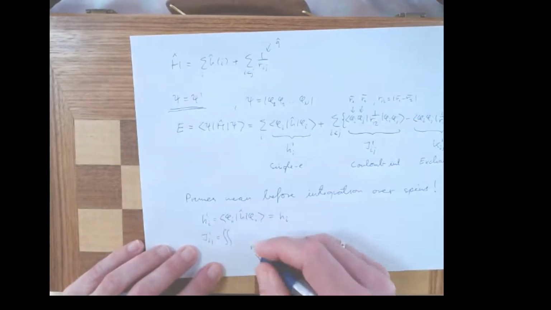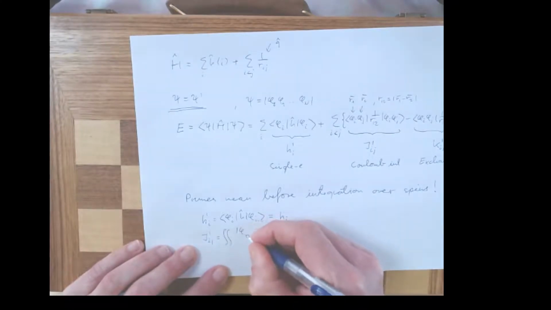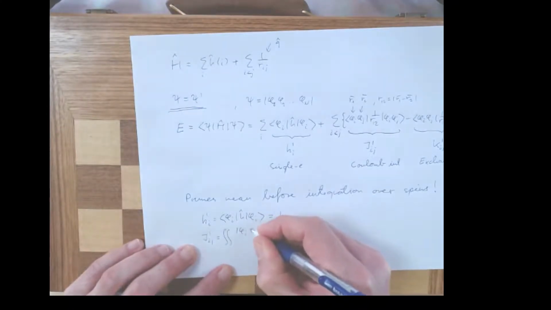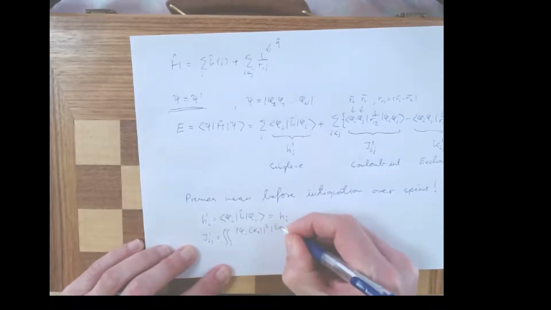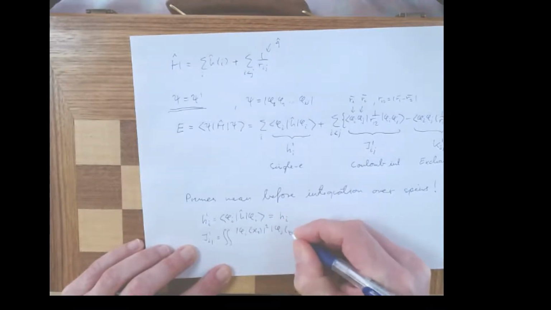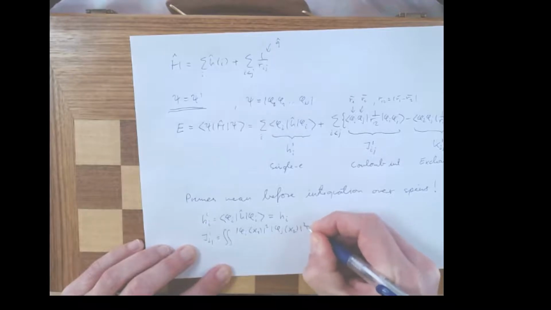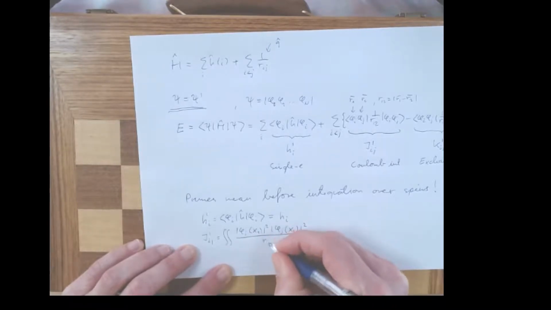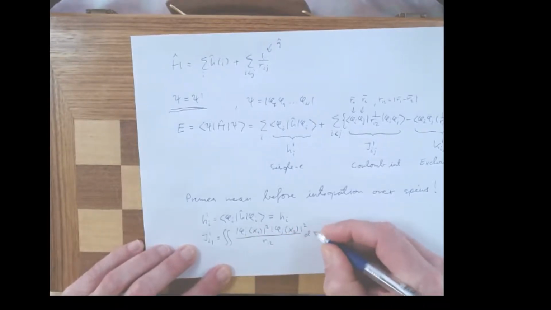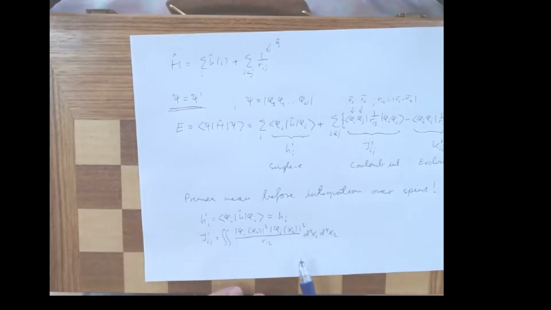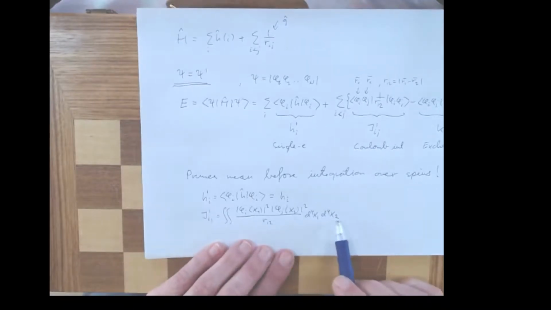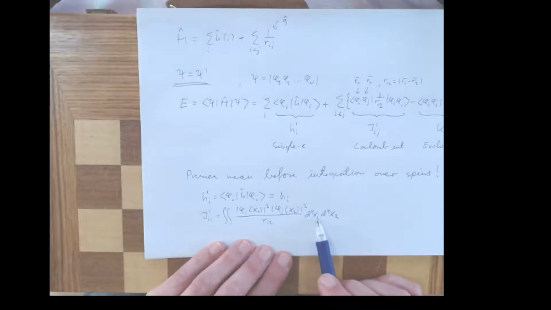It's an 8-fold integral. So I have phi i with an argument, let's call it x1, squared, and I have phi j with an argument x2 squared over r12, and then d4x1, d4x2. So here I've explicitly implied that I should do spin integrations for electron 1 and electron 2.